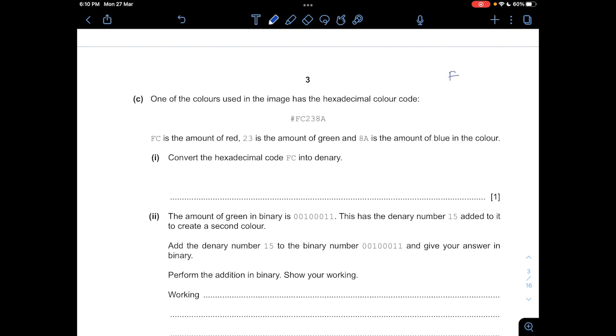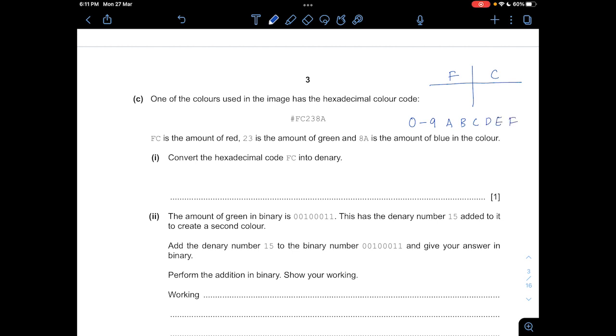FC in binary, that would be... let's say, okay, so for hexadecimal, there will only be numbers from 0 to 9. Starting from 10, it will be in alphabets. So A will be 10, B would be 11, C would be 12, D would be 13, E would be 14, and F would be 15. That will be the last one.